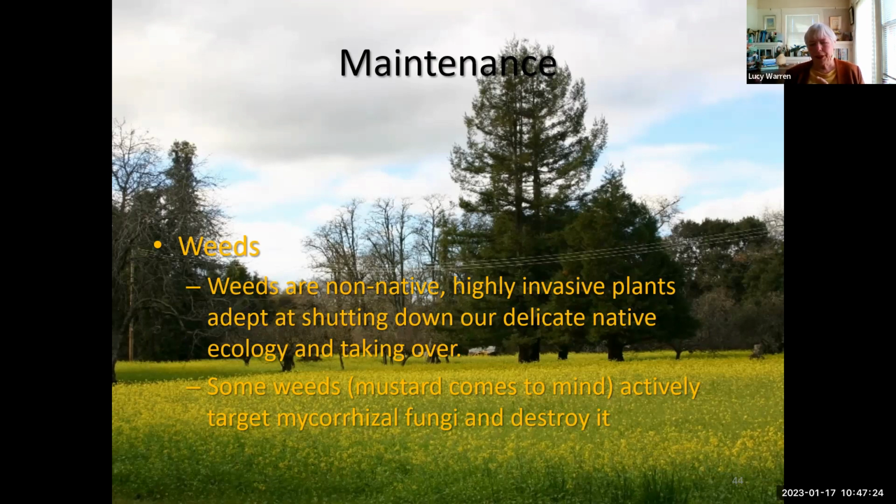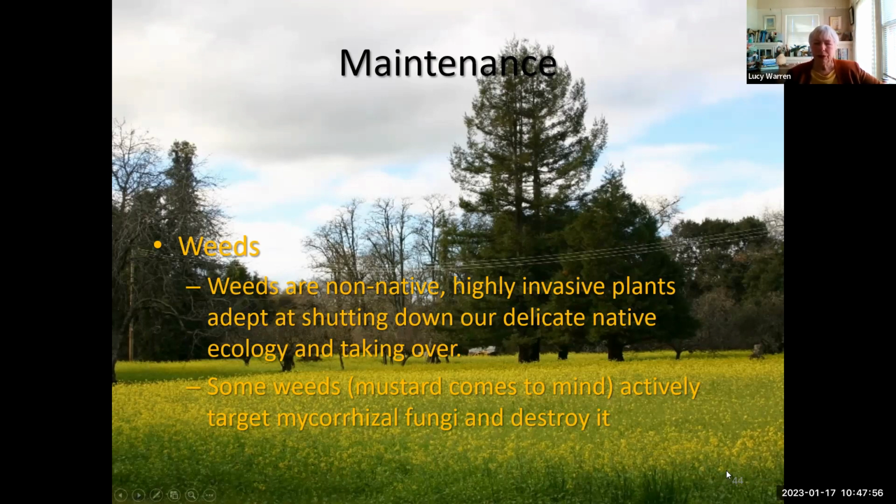So the weeds and the native plants are essentially an ecological switch. And some weeds, particularly the weeds in the mustard family, actively target the mycorrhizal fungi and destroy it. So what you see in this photo is our mustard, which came with the friars, with the Spanish, and is ubiquitous in our California landscapes.